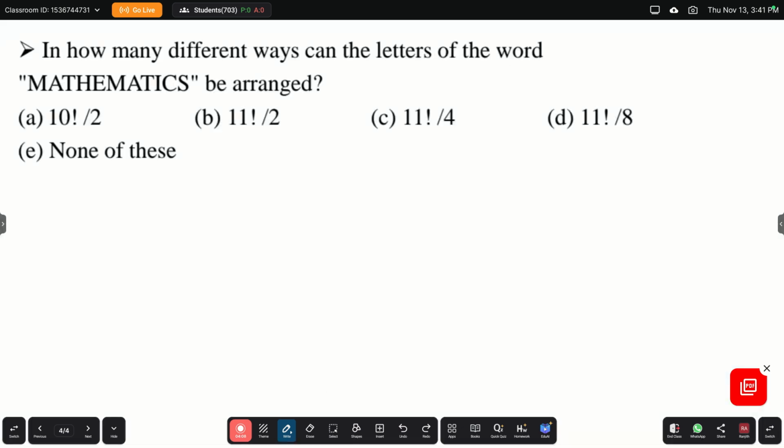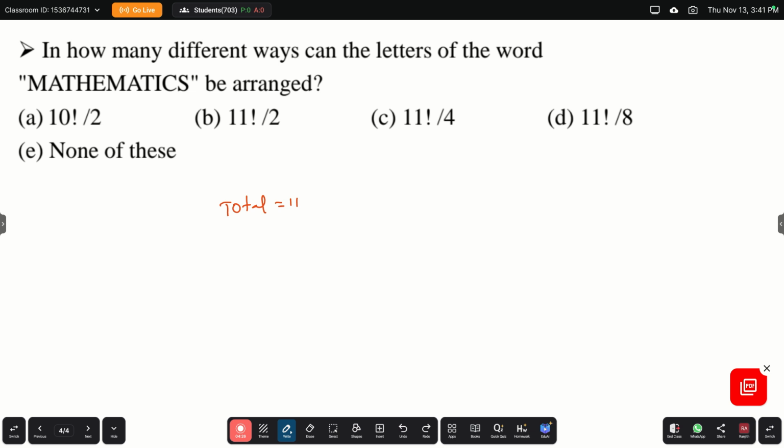In how many different ways can the letters of the word mathematics be arranged? In the given word mathematics, how many letters are there? Total number of letters will be 11.